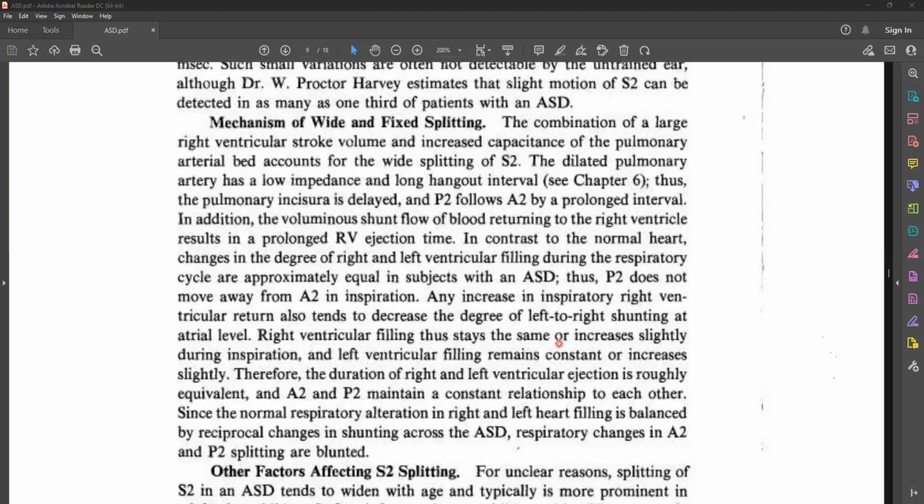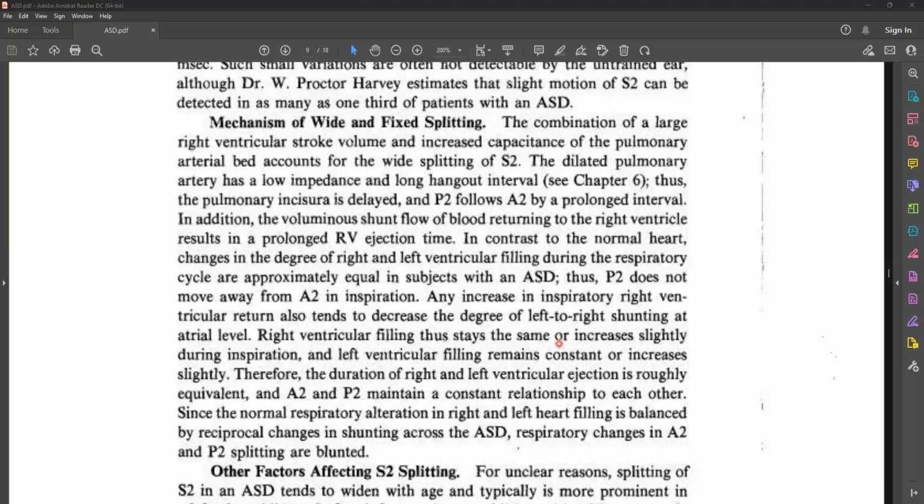So when the impedance in the pulmonary vascular bed decreases, the closing of the pulmonary valve gets affected, because pulmonary impedance drives the closure of the pulmonary valve when the right ventricular pressure decreases at the end of right ventricular systole. That does not occur here. Since the pulmonary impedance is less, there is a delay in the closure of the pulmonary valve. Therefore, the hangout interval is longer and the P2 follows A2.